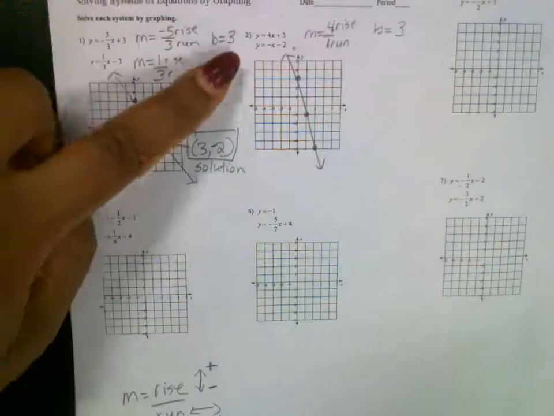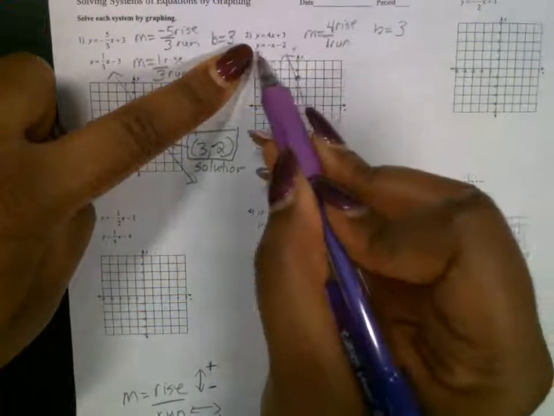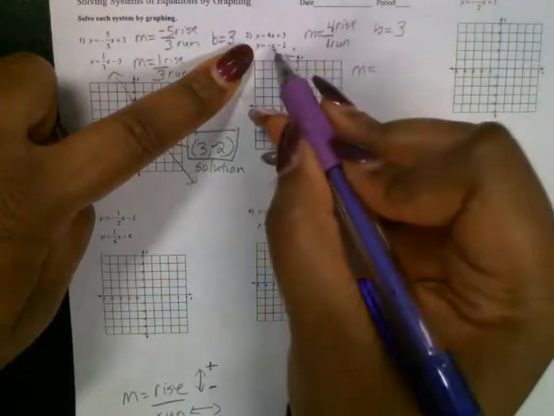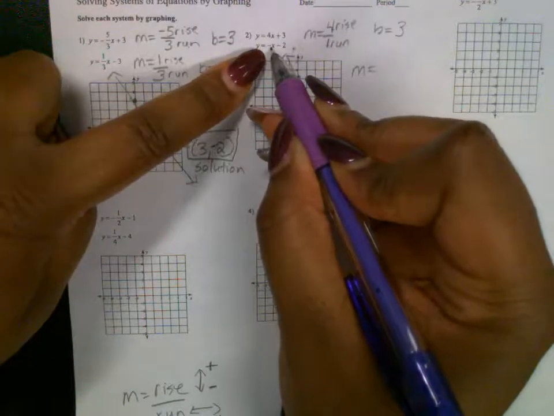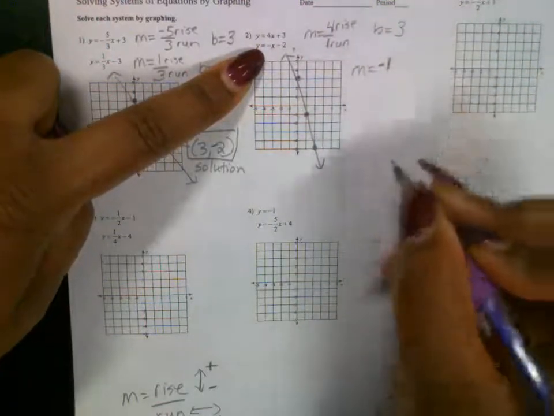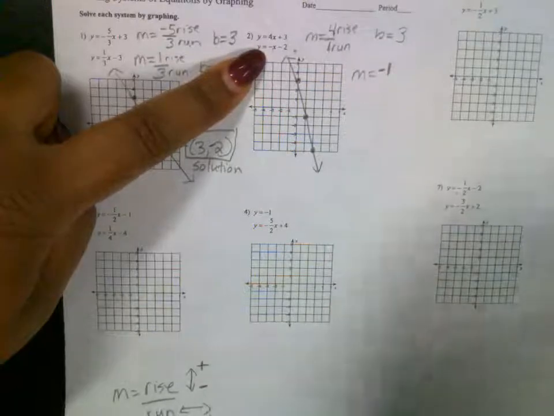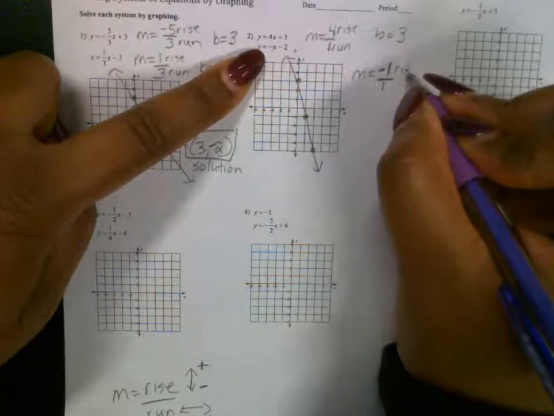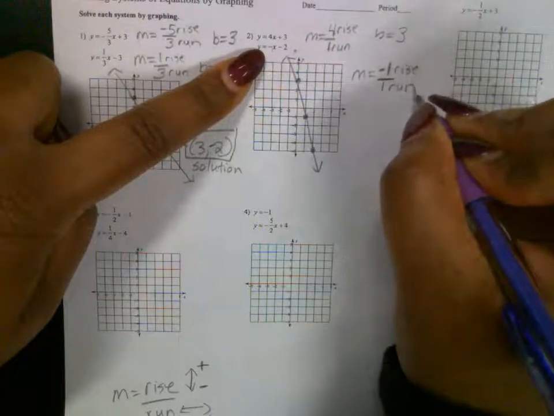Now let's look at equation number 2, this second equation. What is my m? What number is automatically in front of this x? It's -1, you're right. How do I write -1 as a fraction? -1/1. This is my rise. This is my run.